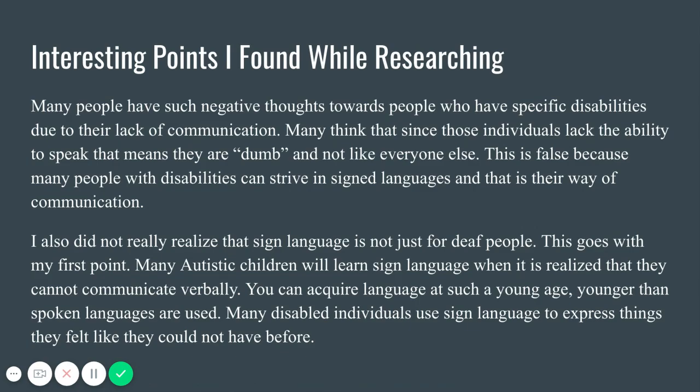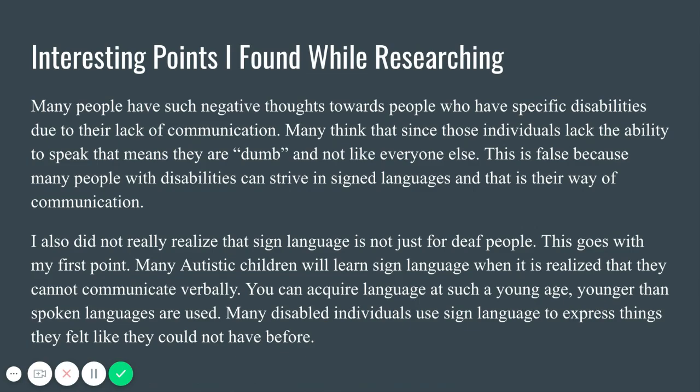So many people will go down the route of teaching them sign language, and in most cases they do really amazing because these children still need to communicate, and they have that in their mind that they want to communicate, but the words just don't want to come out. So this is really amazing that sign language can actually work for not just deaf people, and I feel like that's a really big misconception that people have.